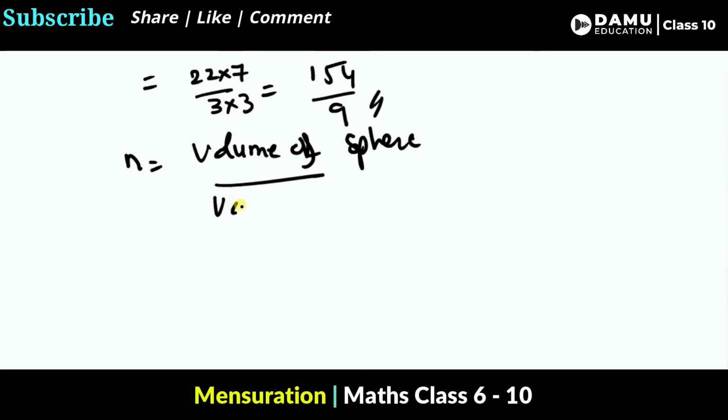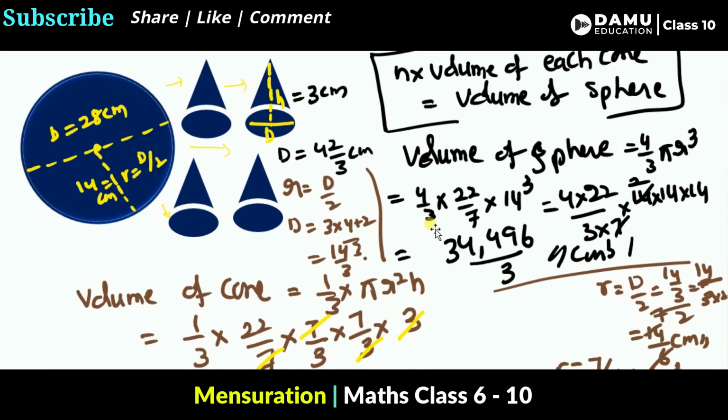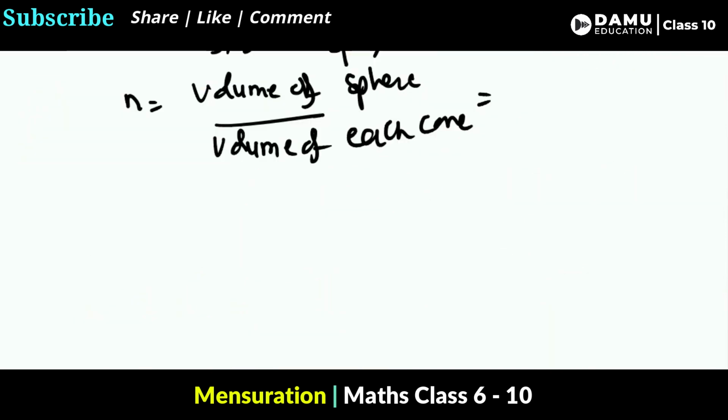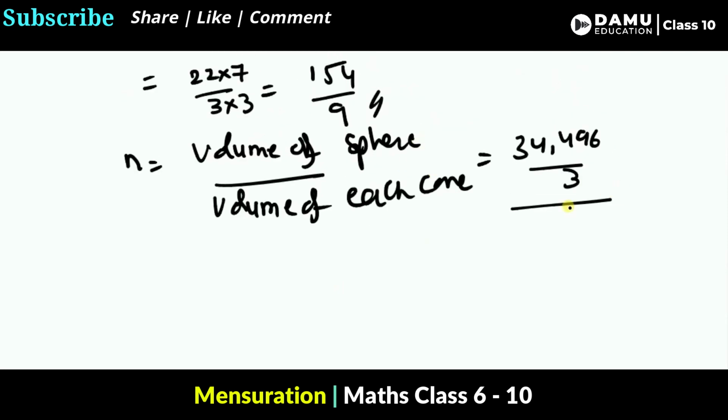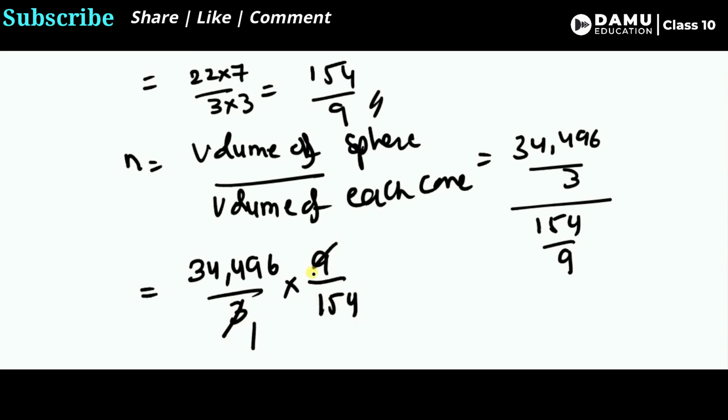So the volume of the sphere we got as 34,496 by 3, whole divided by the volume of each cone, which is 154 by 9. It will reciprocate, that is 9 by 154. 3 ones are 3, then 3 threes are 9.